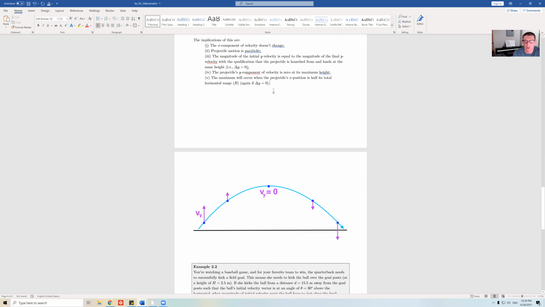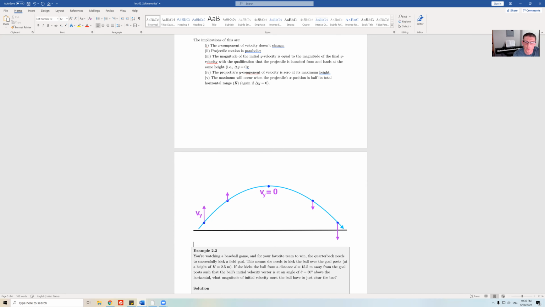This could be important to remember. I don't think there's anything terribly shocking about that. You know, nature likes symmetry, so cool. I think that hits all the key points of two-dimensional projectile motion. I'm just going to wrap up with some examples here, and you'll have some more to do on your homework, so you can hopefully get comfortable with these ideas.